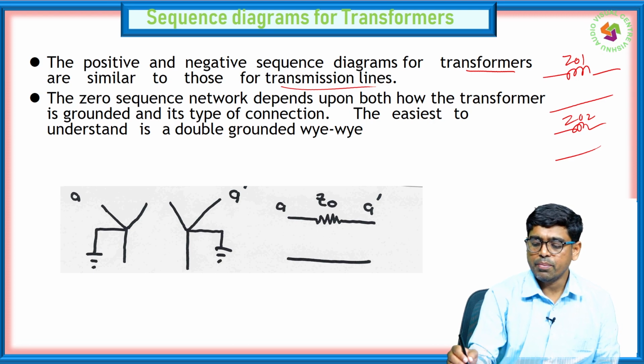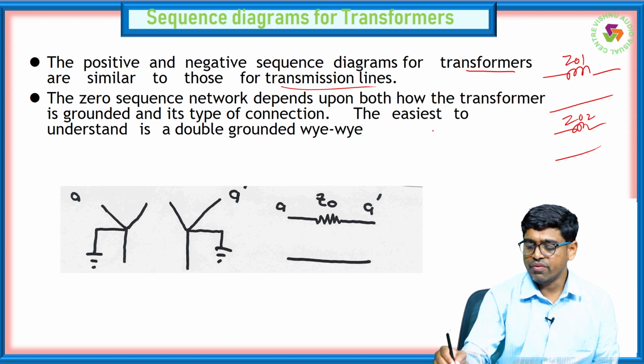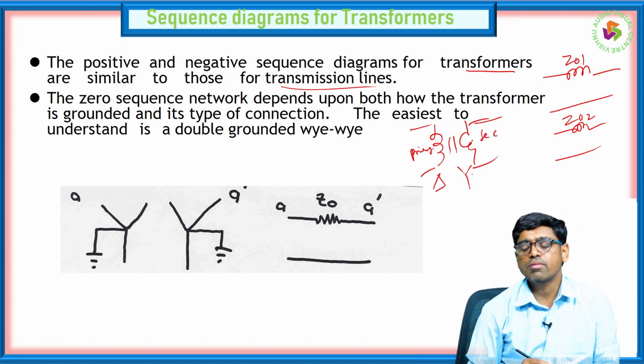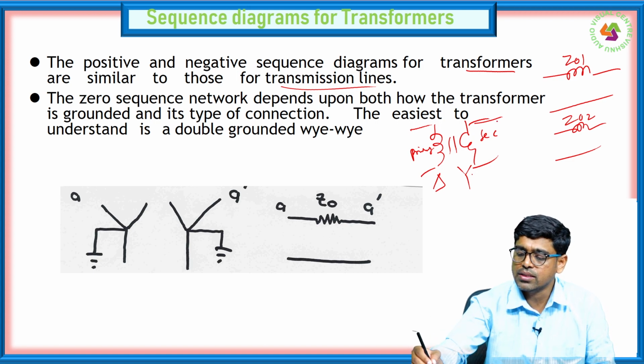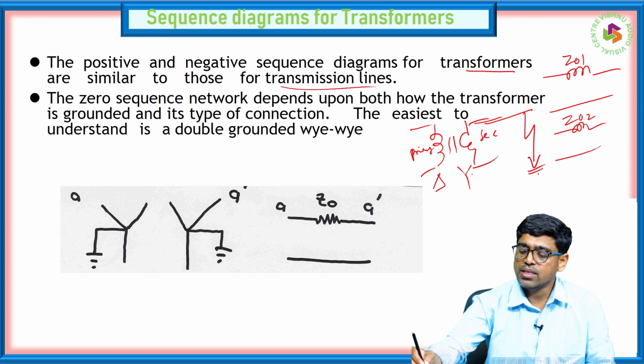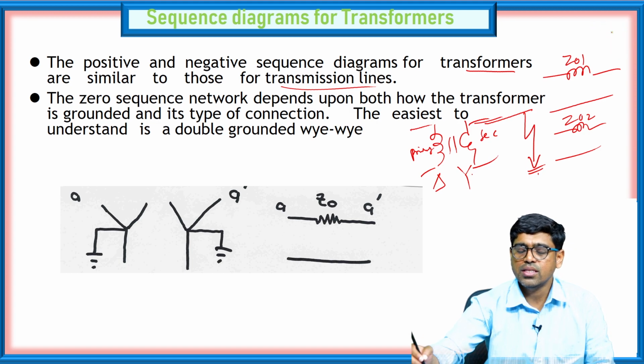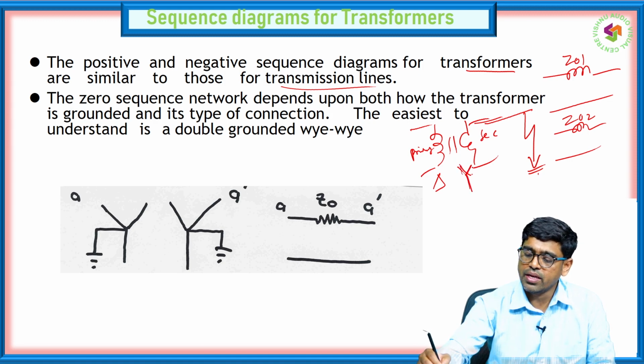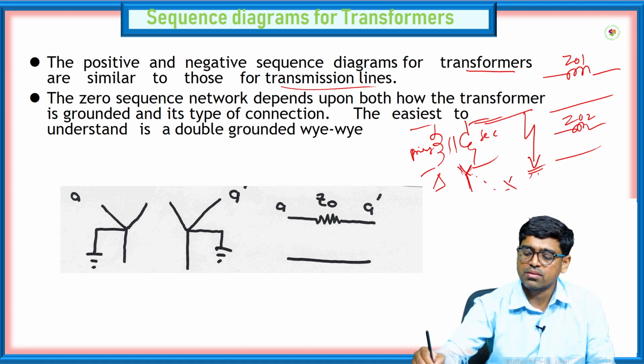The zero sequence network depends upon both how the transformer is grounded and its type of connection. So the transformer is represented like this, and it depends on how the primary and secondary are connected. As I already told, if a fault occurs at this terminal and it is a ground fault, then only the zero sequence will exist. If the transformer has no ground connection, no current flows.